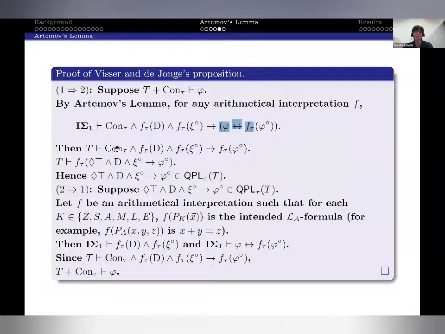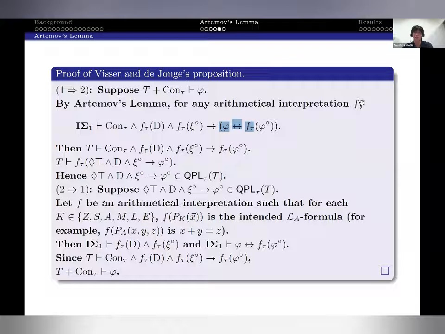Then these sentences are images of F tau. So we have that T proves that T proves F tau of diamond top and D and xi circle implies phi circle.